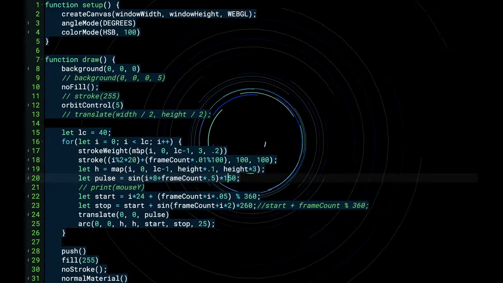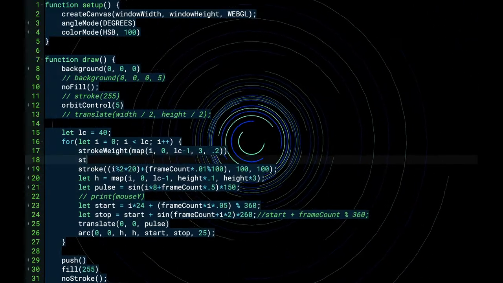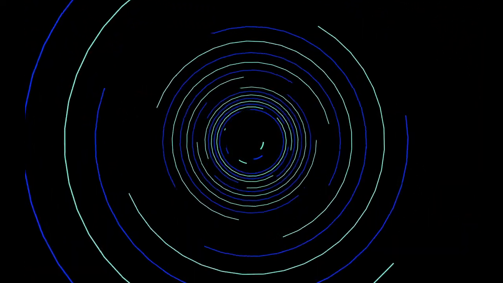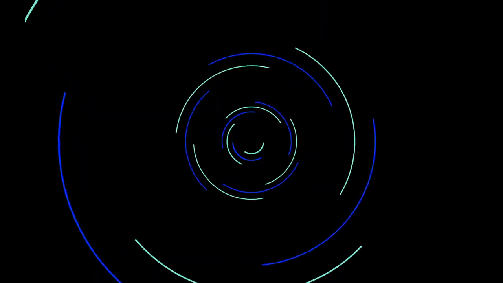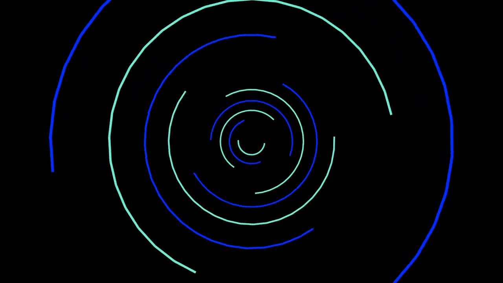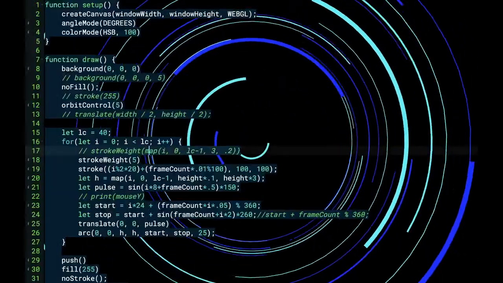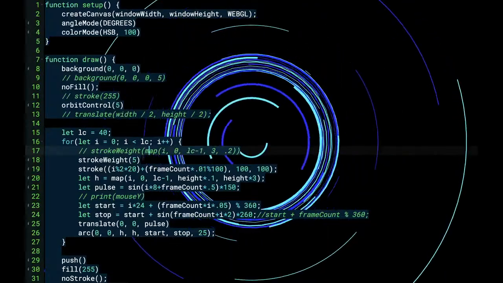It's maybe nice that I don't need to change the stroke weight all the time, so maybe I override this and just say stroke weight is 5 or 4, because the z-axis is also creating all kinds of fun stroke size for us. It's literally getting closer and further away. This is with perspective.